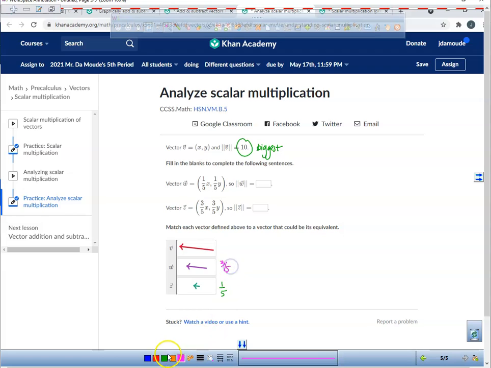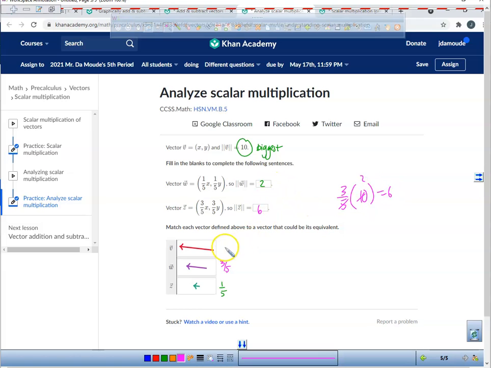There's the 3/5. And this is your original. There's the original. There's the 1/5. There's the 3/5. So if that's 10, what's a fifth of 10? 2. What's 3/5 of 10? 6. Right? If you took 3/5, multiplied by 10.